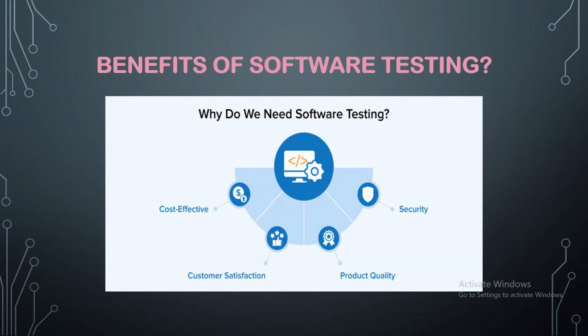And the next one is customer satisfaction. This is the main and final goal of any product or software company: to deliver the best customer satisfaction from their product. How can you achieve this? By testing the user interface and user experience, which makes the experience better and increases customer satisfaction. So the final goal of any company is to deliver the best product to the customer, and then the best customer satisfaction.